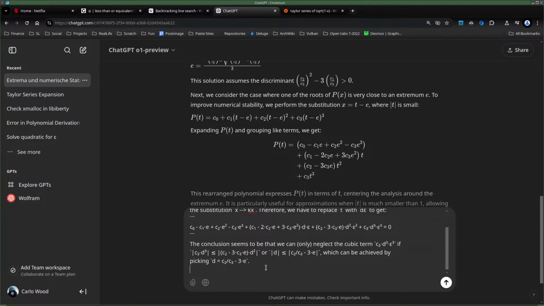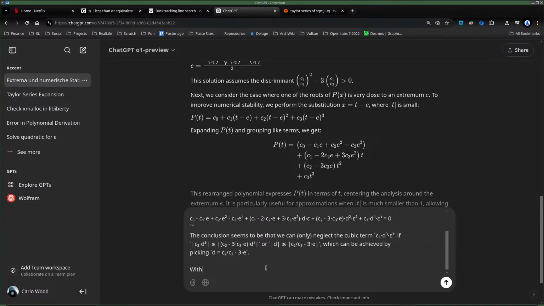So we'd continue with this constraint or something in mind.